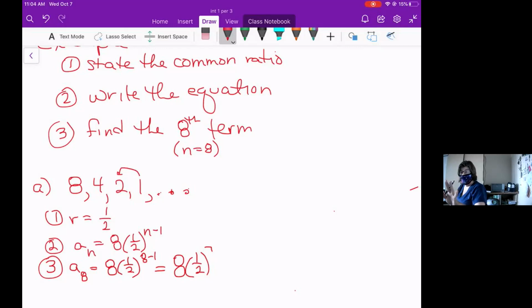That's what it is, right? Exponent 7. Okay. There we go. That's what you've got to do.